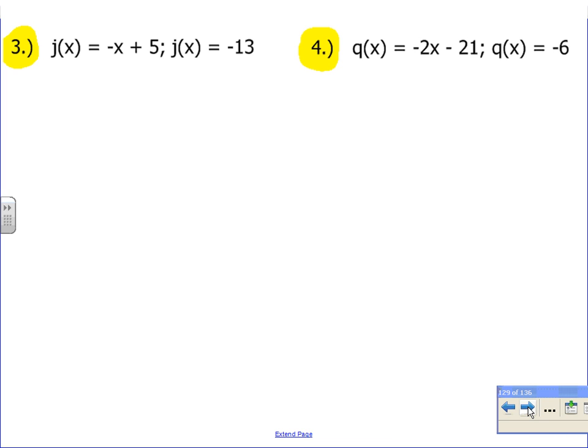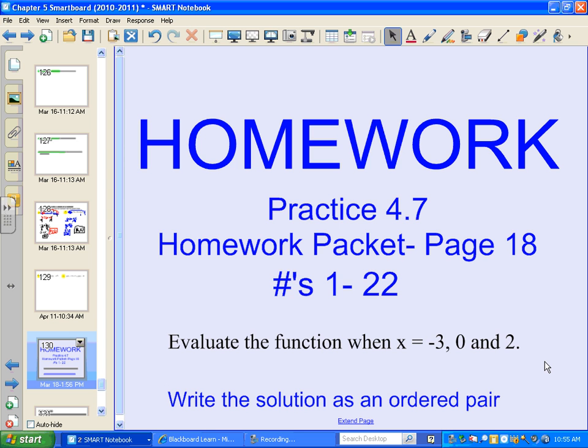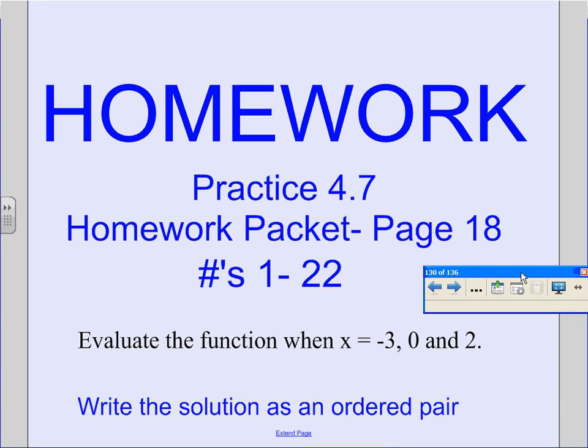Okay, if not, if you guys are okay, I would like to explain your homework to you. So I need everyone to open up their homework packet to page 18. And that's your gold packet, so I'll wait until you're there.